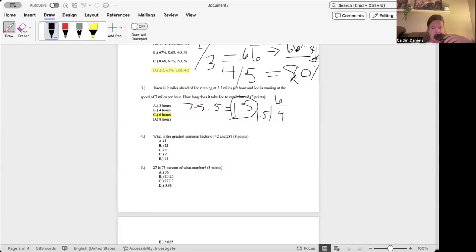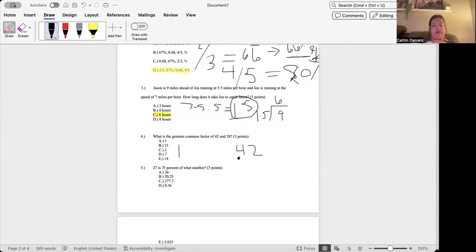Okay, now moving on to number 4. What is the greatest common factor of 42 and 28? To get the greatest common factor, I'm going to list the factors of 42 and 28. So let's see, we got 1 and we got 42.